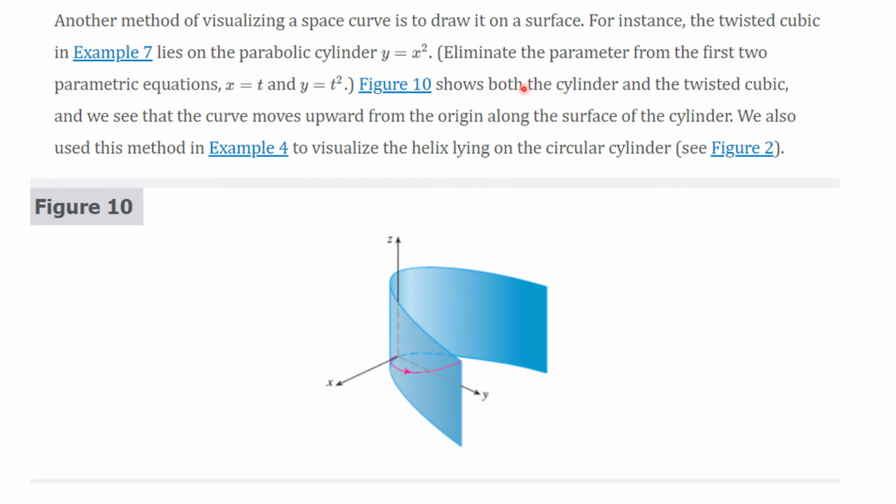You eliminate the parameter from the first two parametric equations, x equals t and y equals t squared. That figure shows what happens there. So you can see the curve moves upward from the origin along the path of the cylinder. We can also use this method to revisualize the helix, and we've really already seen that: the helix plastered onto the circular cylinder.